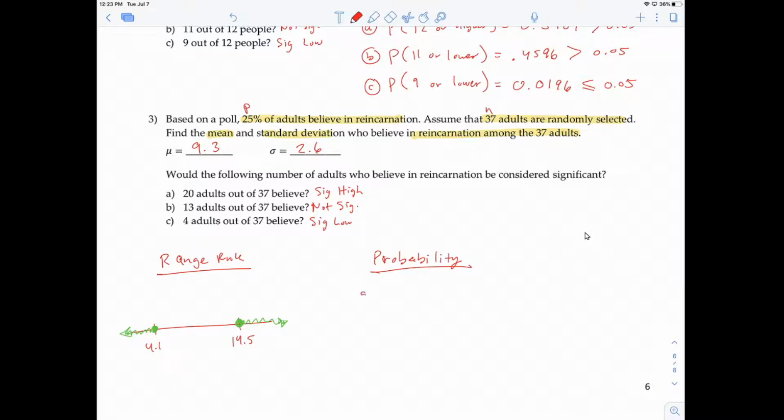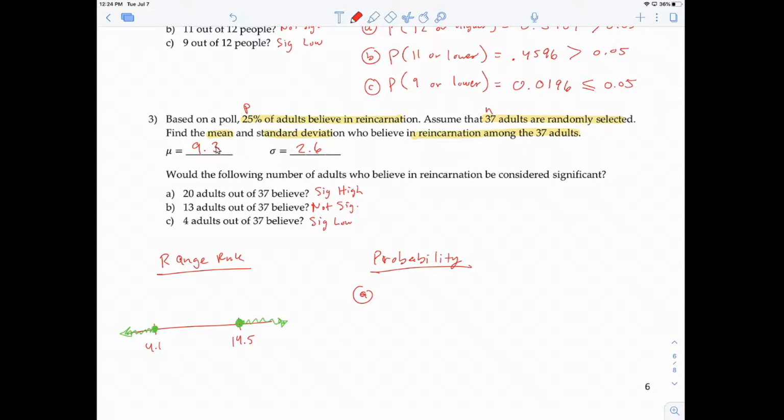Okay, so for question A, we have 20 adults out of 37. So 20 is higher than what we expect. Again, for probabilities, the mean is the expected value. So we expect 9.3 people on average out of 37 people to believe in reincarnation, according to this information.